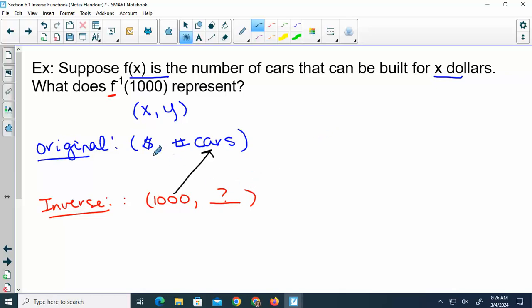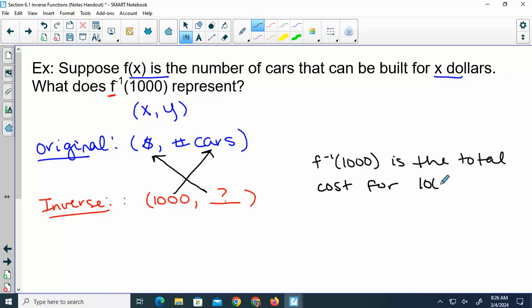So the thing we're looking for is, F inverse of 1,000 is the total cost for 1,000 cars. So that's really just checking if you understand that the x of your inverse was the y in the original. Any questions on that?